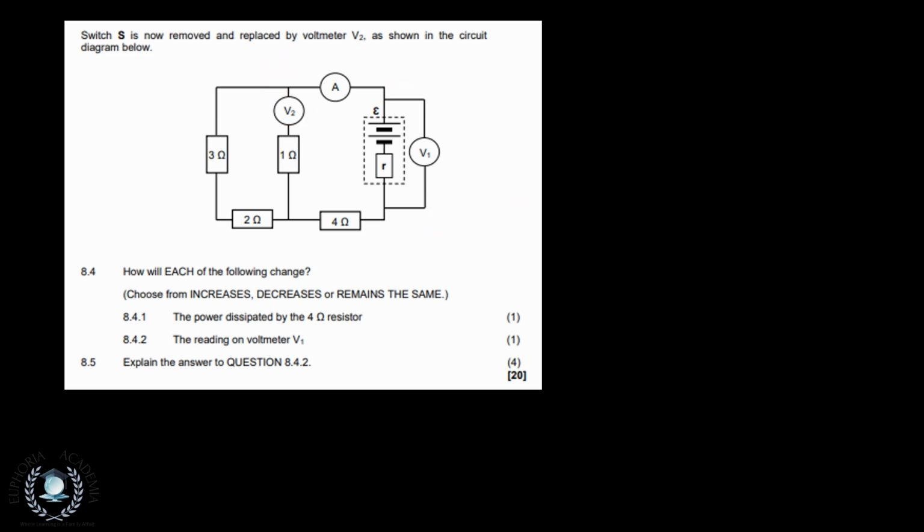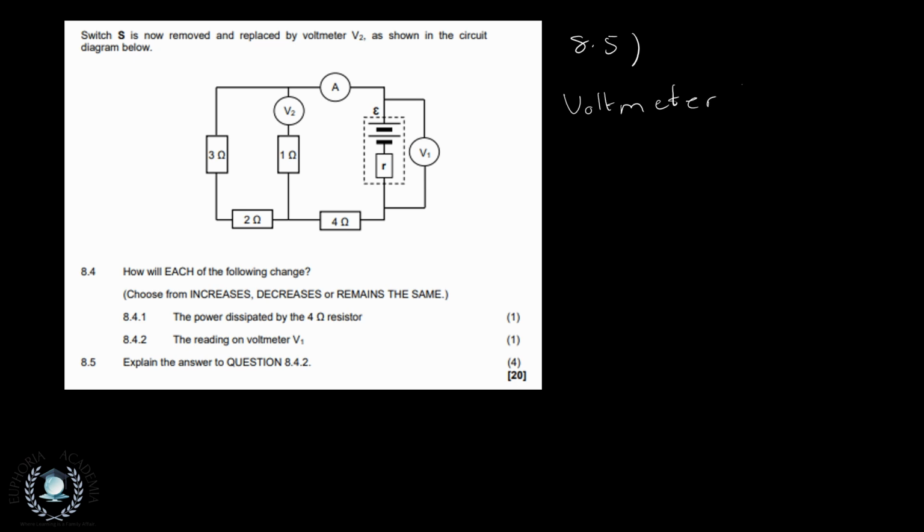Okay, question 8.5 asks us to explain our answer to question 8.4.2. All right, so essentially, a voltmeter you always connect in parallel because it has a very high resistance. So let's start there to start our little paragraph.